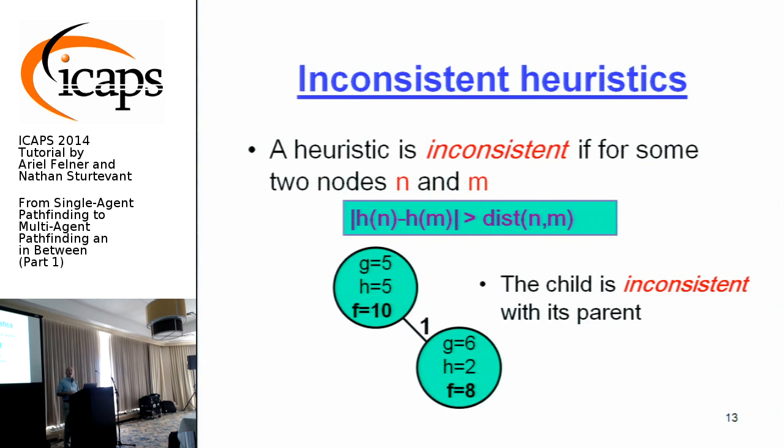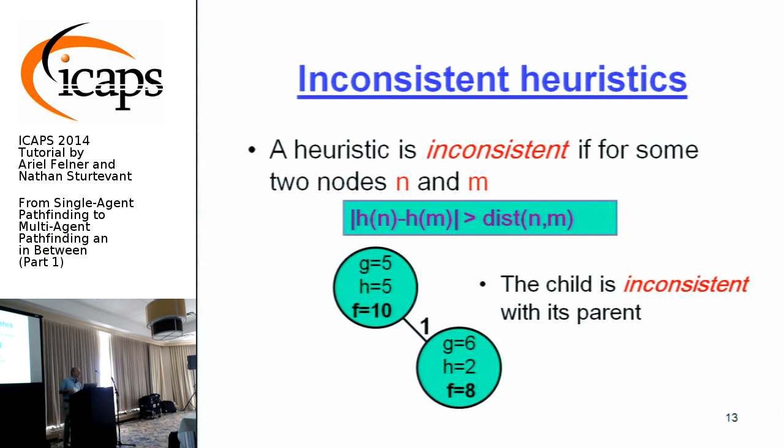Now comes a child who is distance 1 more, and he says, my H is only 2, which means my F is 8. This is inconsistent with the legacy or the tradition of your family because your father said it's 10 and it must hold for you also. Otherwise, your father was not admissible. So if your father is admissible, don't tell me that you are less than 10. You're not saying anything. You're inconsistent with what we already know about you. This is, I think, a nice intuition about inconsistent heuristic.